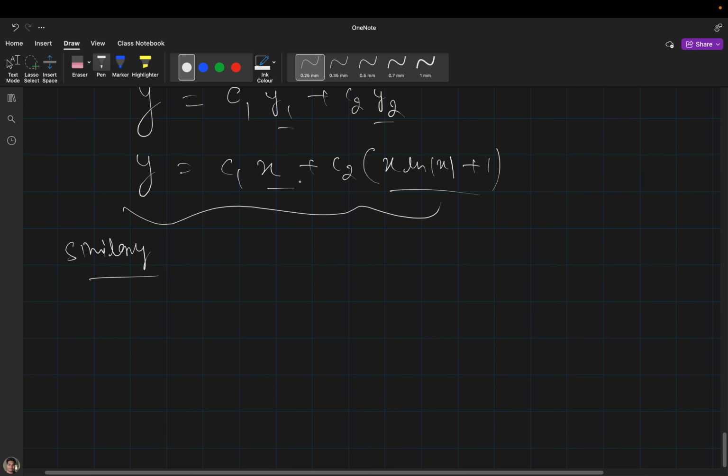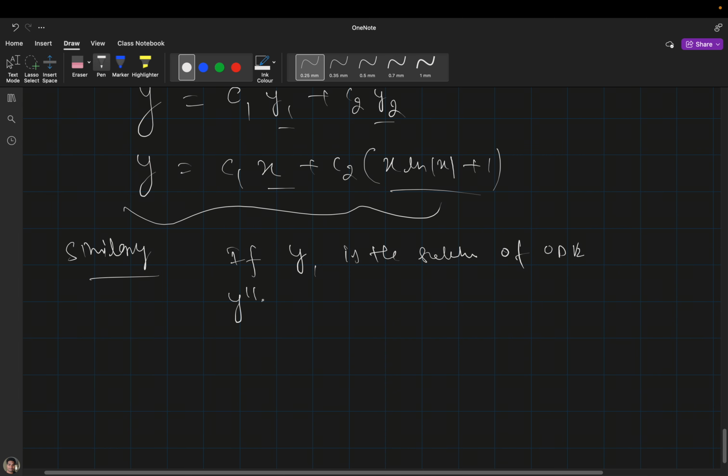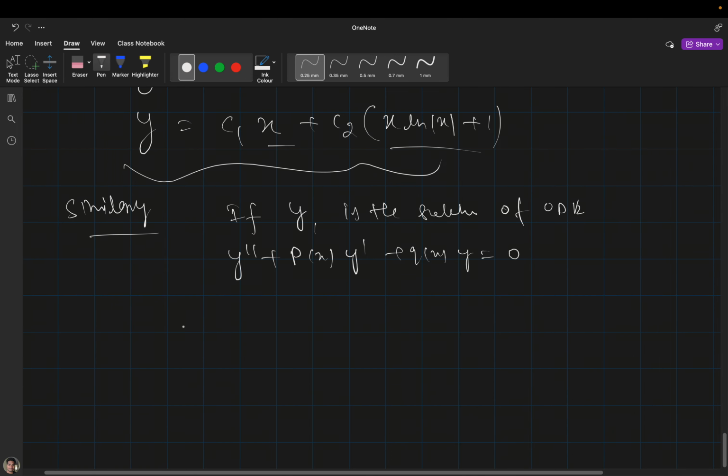Similarly, I can apply this explanation in the general form of any differential equation. Suppose y1 is a solution of the ODE y double dash plus p(x) y single dash plus q(x) y equal to 0. Then I can assume that y2 equal to u y1 is the second solution.